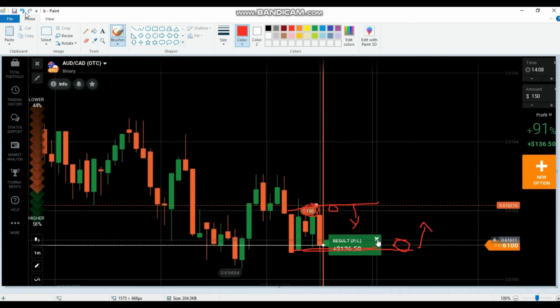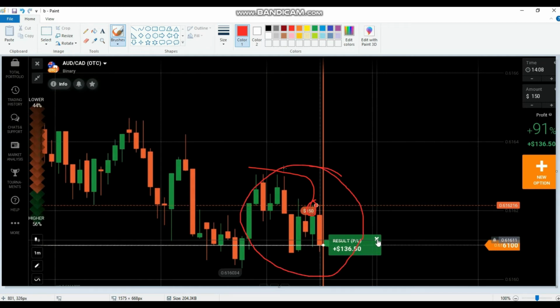Here I saw proper rejection in this candle. We need to consider the behavior of the previous candle, then we can easily predict the next candle. We also need to consider whether there are any levels, and also the present market situation. It's a consolidation area, right? So that's the reason why I placed a put option here.